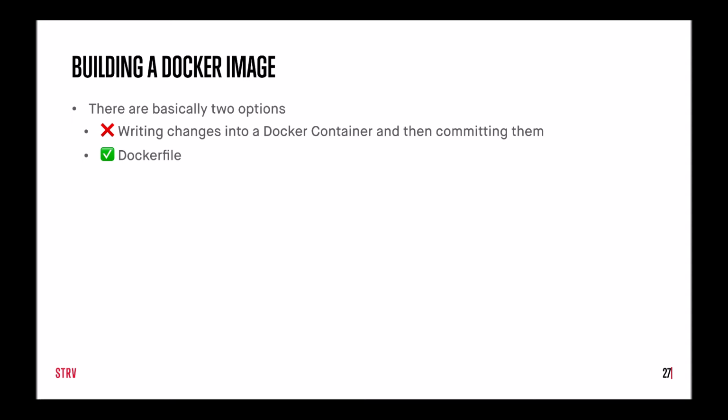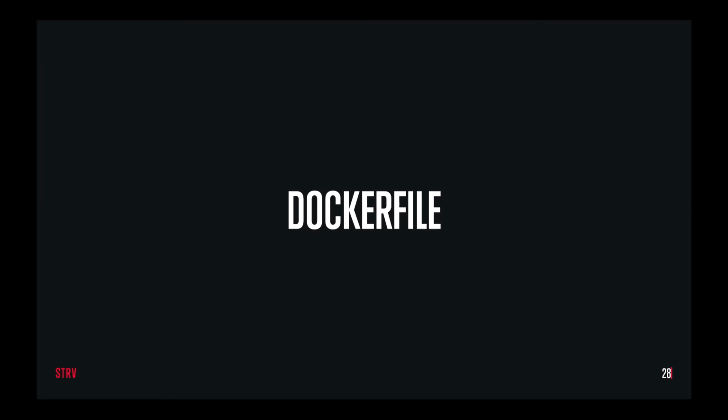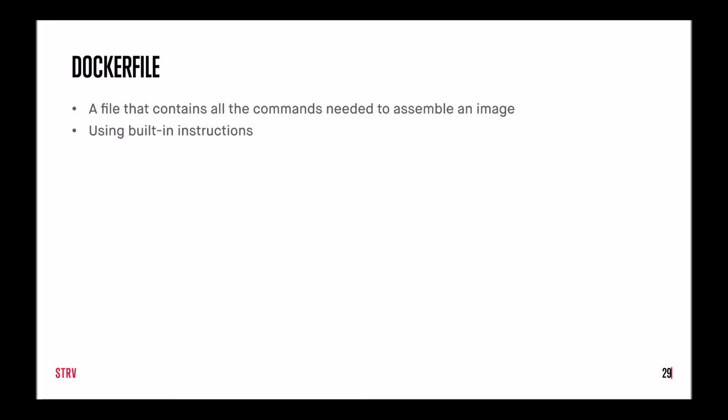The second one is if you want the steps for creating the image to be reproducible and persisted, then the best way to build your images is using Dockerfiles, as you all probably know. Now something about Dockerfiles. It's a file that contains all the commands needed to assemble an image.